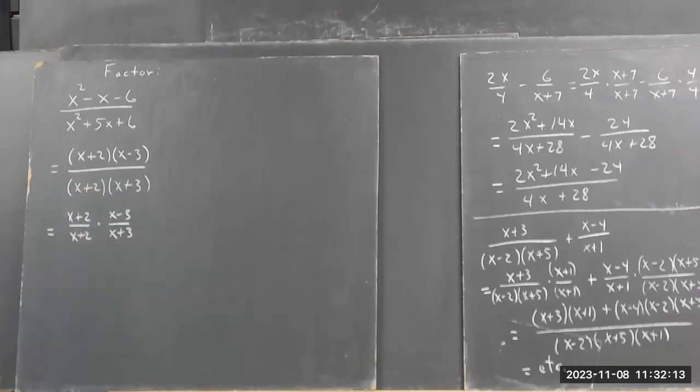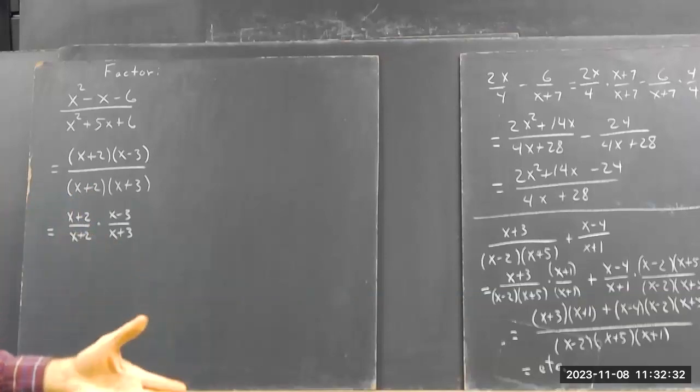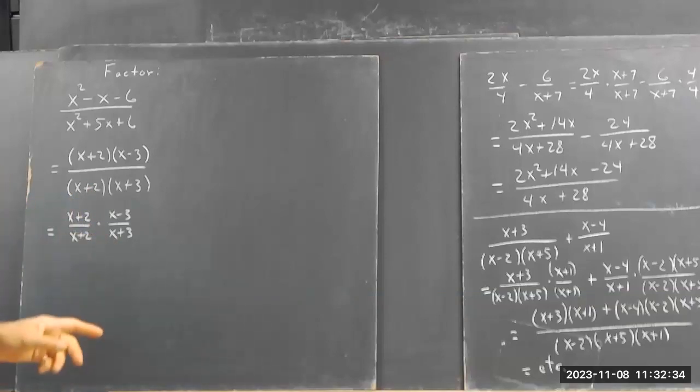Now, of course, what's x plus 2 divided by x plus 2? Can you show me with your fingers? If you divide something by itself, what do you get? You can't divide that in your calculator, but it's a good thing to try. If you divide something by itself, you get 1.